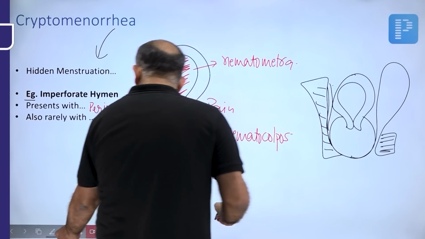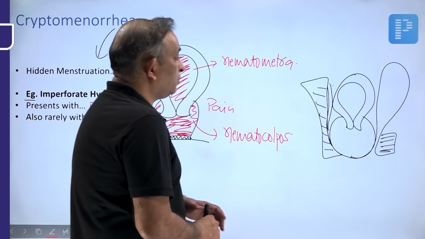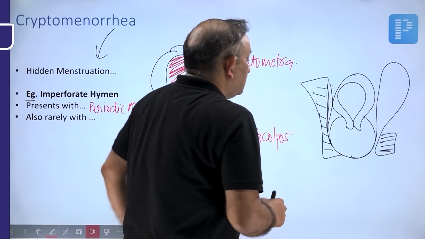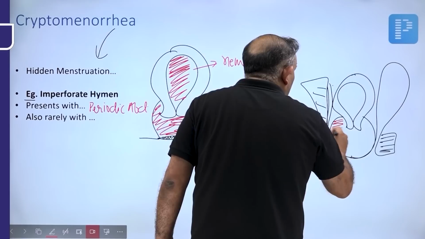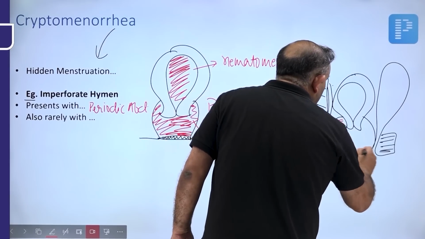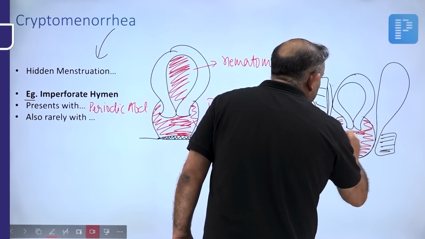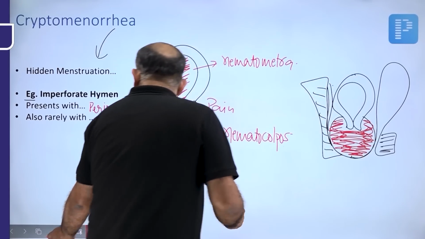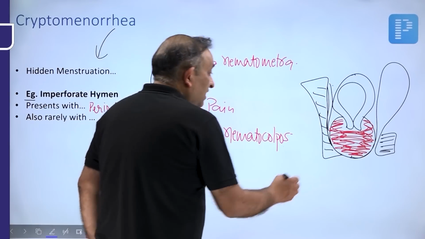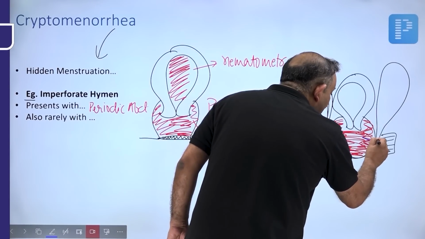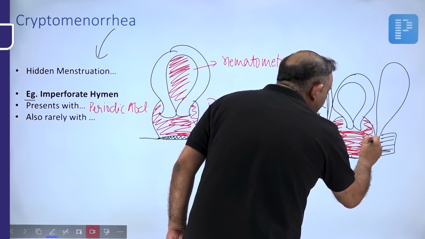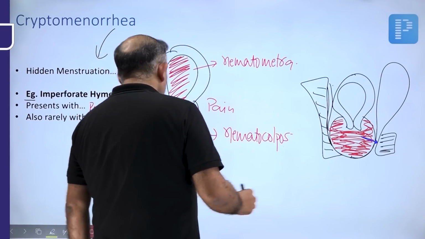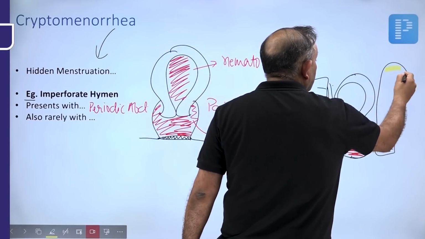Now, if you see this vagina, I'm showing you a young girl in a sagittal section from the right side. This girl who has this pent up menstrual blood in the vagina, it is distended so much that this distended vagina will now compress the bladder neck against the pubic symphysis, and this patient will now have retention of urine because of this.